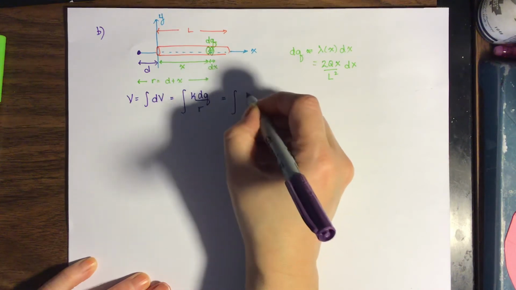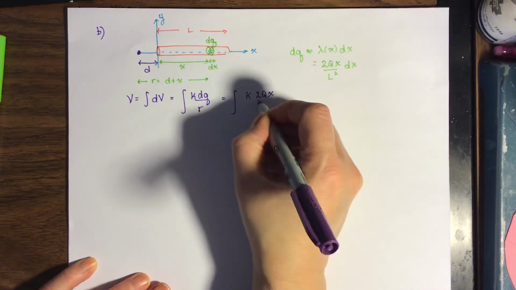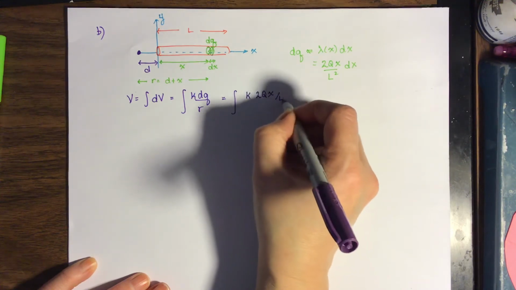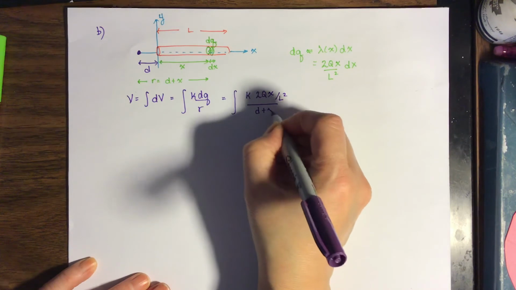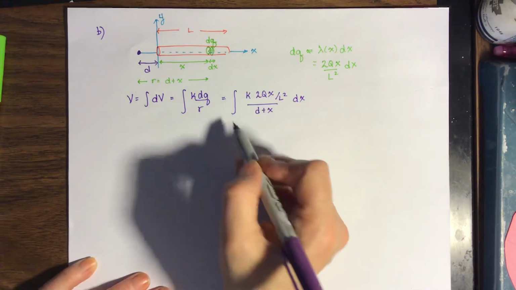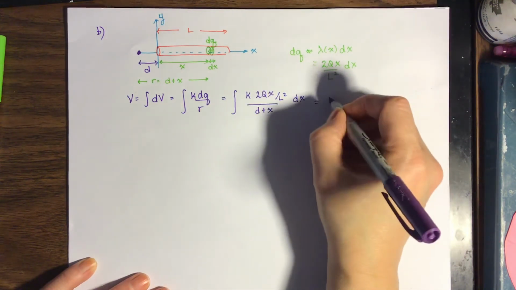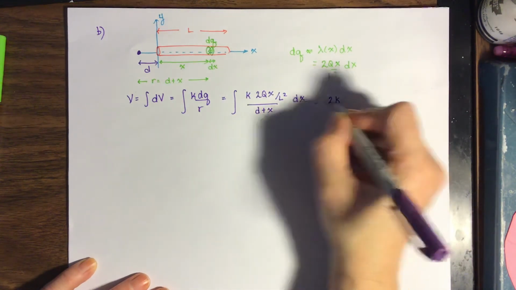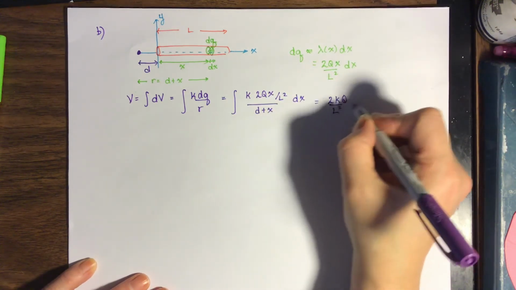So that's the integral of k times 2 times q times x over L squared, and that's all divided by r, which is d plus x, and that's integrated with respect to x. Let's haul our constants out front of that integral. So 2 is a constant, k is a constant, q is a constant, L squared is a constant.